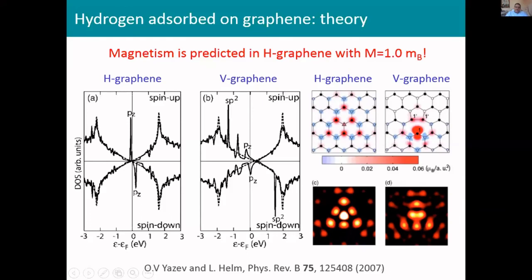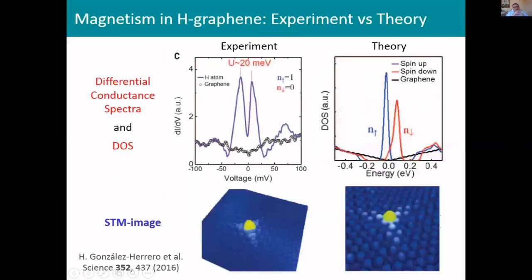One interesting thing is that this work was published in 2007, and more or less 10 years after, the experiment was realized by the group of González Herrero at Harvard, and they produced the graphene with a single hydrogen atom adsorbed on top of a graphene atom in the lattice.